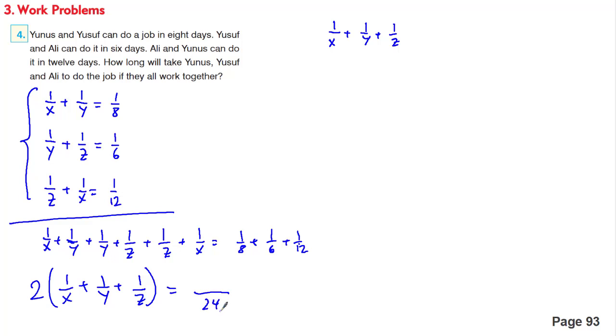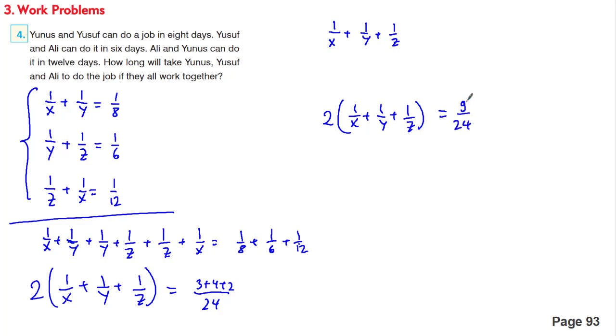Least common multiple being 24: 3 plus 4 plus 2. Let's continue here. So you get 2 times 1 over x plus 1 over y plus 1 over z is 9 over 24.